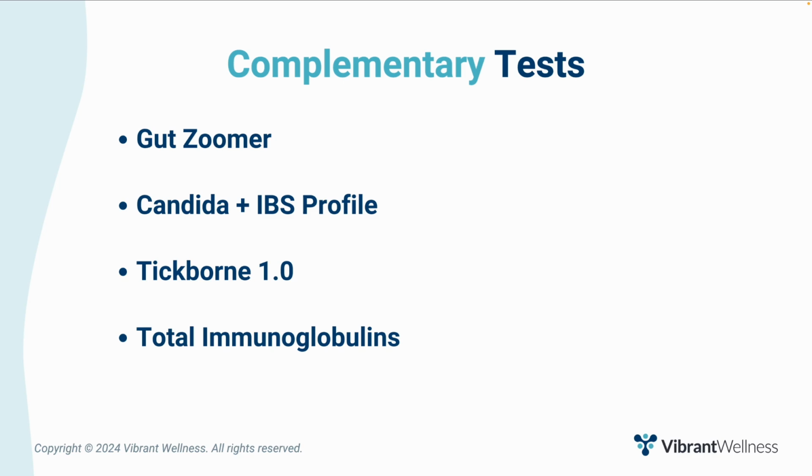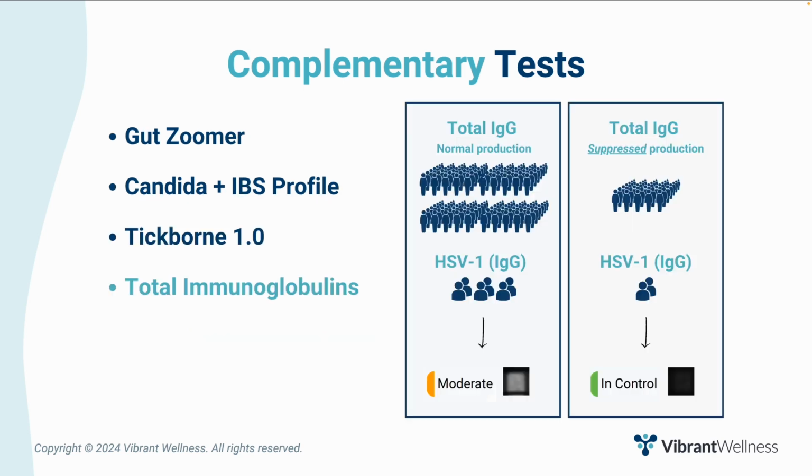Remember, Tick-Borne 2.0 already includes the viral infections panel. And finally, total immunoglobulins. Serology testing is based on normal, functional immunoglobulin production. The total immunoglobulins test assesses the number of immunoglobulins, which is helpful in those with suspected immune function compromise or those undergoing IV IgG therapy.